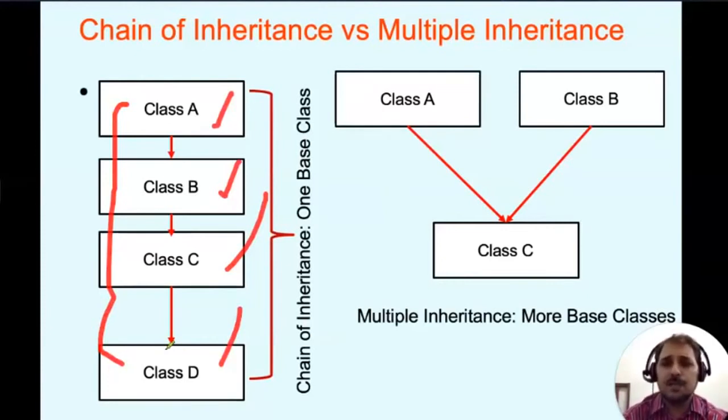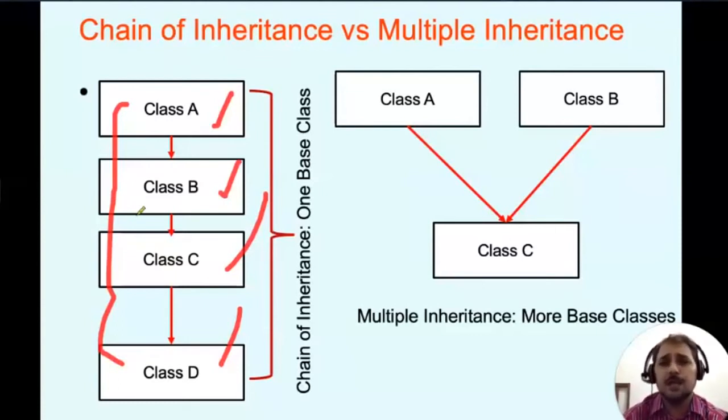Such an inheritance where each class has one base class is called chain of inheritance. Even though there are many levels of inheritance in the chain, it is still considered chain of inheritance. It is not multiple inheritance.